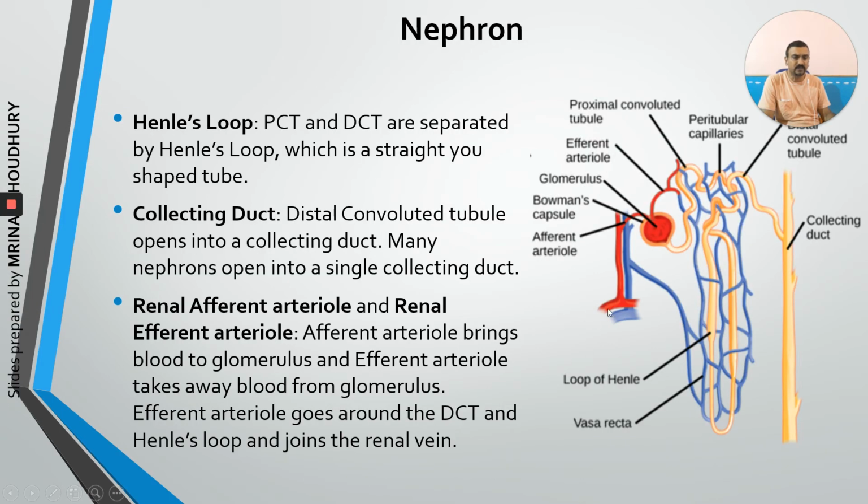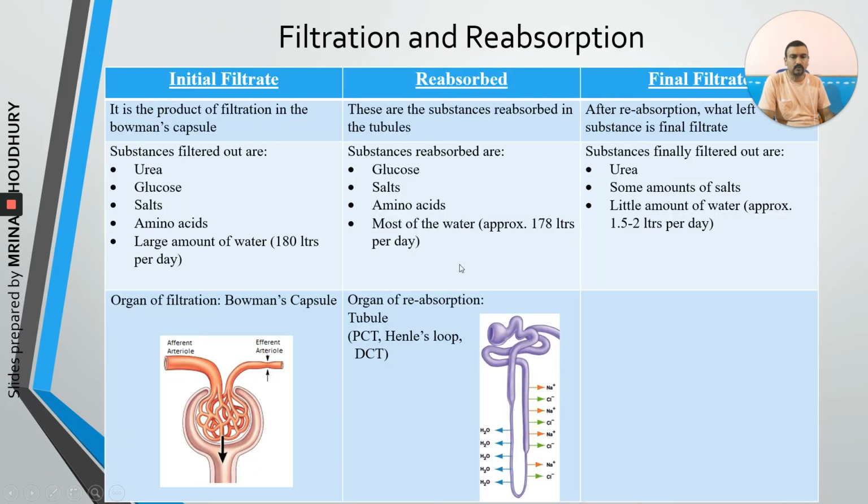Try to understand carefully. The blood which is coming through this, okay, through the afferent arteriole, will here get filtered, because from the glomerulus all the waste will come into this Bowman's capsule, and from Bowman's capsule it gets into the tubule. But it is important to understand that when the first filtration takes place, along with the nitrogenous waste, that is urea, some amount of glucose, salts, and amino acids are also coming out.